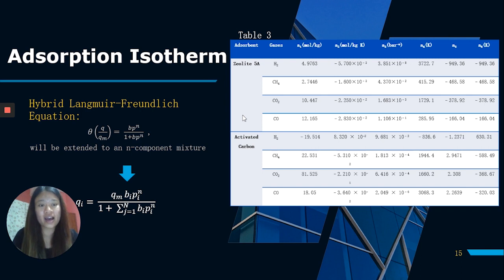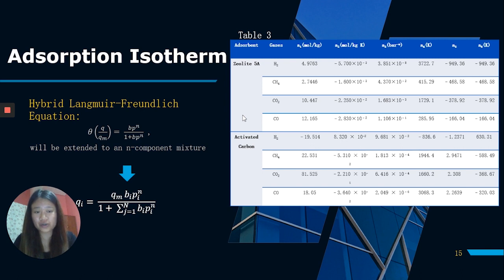Hence, the hybrid Langmuir-Friendlich equation will be extended to an n-component mixture, also known as the loading ratio correlation (LRC), and this equation would be the isotherm used to fit the data in the hydrogen enrichment unit. Generally, all of its parameters can be considered a function of temperature.